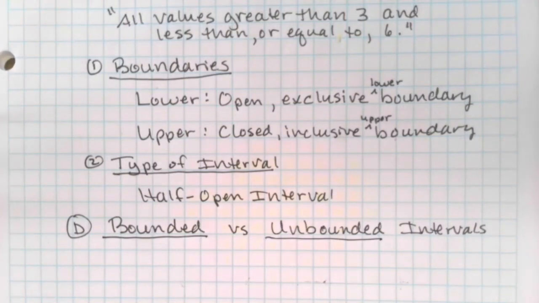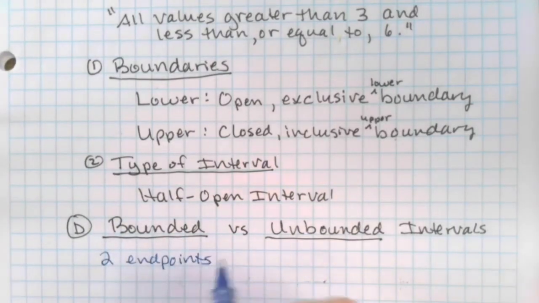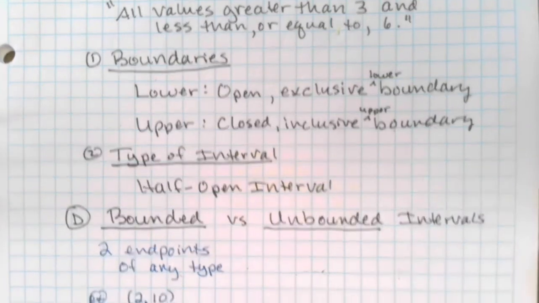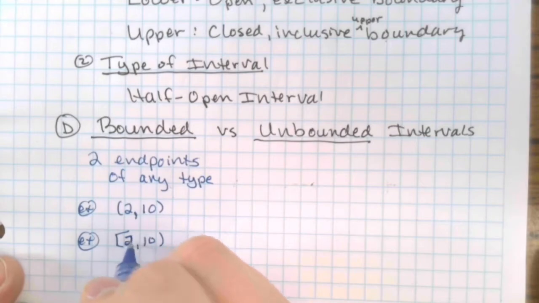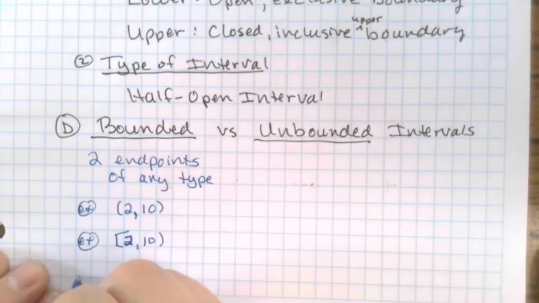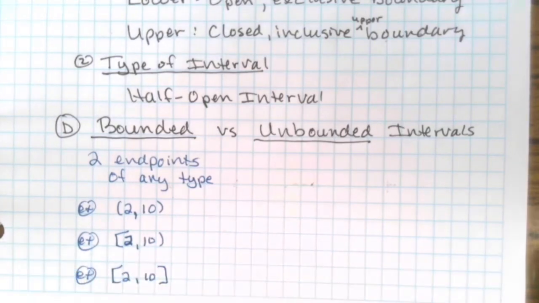Okay, so a bounded interval, the definition is basically that it has two endpoints of any type. So, for example, (2, 10) is bounded. Another example would be if there was a bracket on the 2. It doesn't matter if they're both brackets, both parentheses. I guess for the sake of completeness, we can put a double bracket here. They all have specific endpoints, so those are considered bounded.